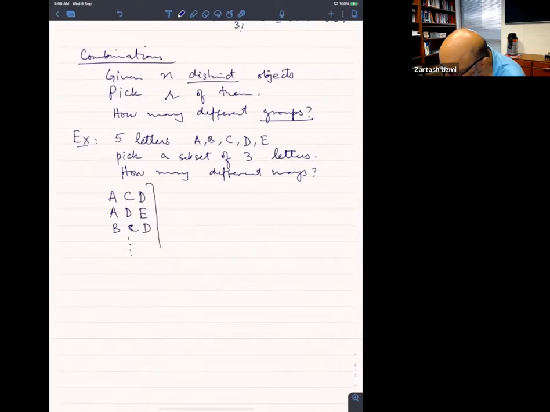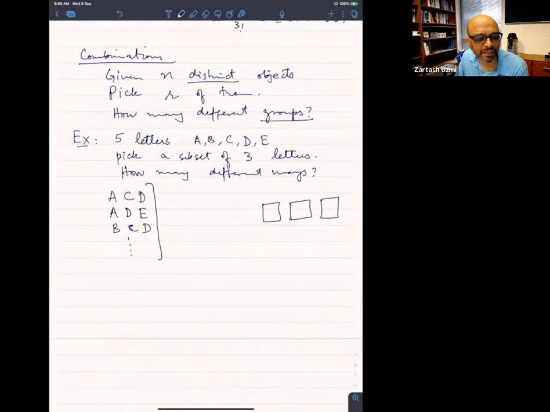How many total possibilities do you have? In order to answer this question, we consider the same boxes. We have 3 boxes and we have to fit letters in them. How many different possibilities to fill the first box?